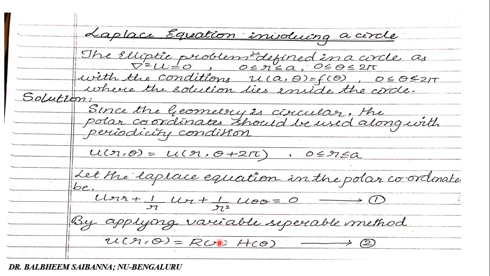So using equation 2, you can find u_rr, u_r and u_theta theta. u_rr means del square u by del r square. Differentiating equation 2 with respect to r two times, we get R double dash H. Similarly del u by del r gives R dash, and del square u by del theta square gives H double dash.